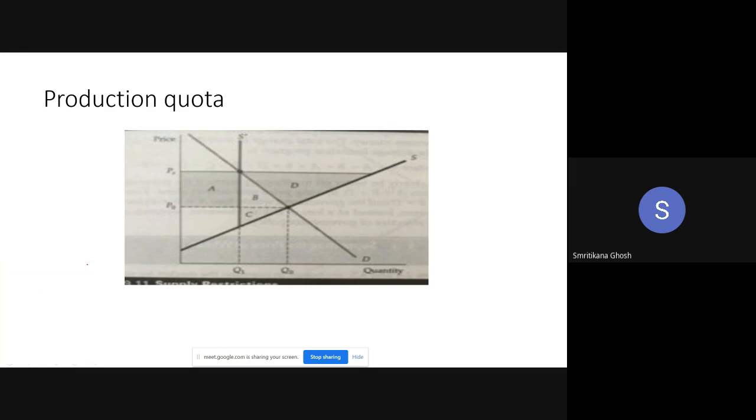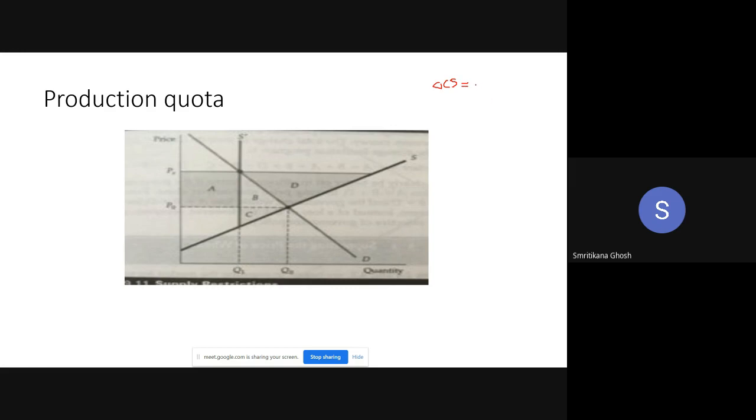So again, let us check the change of consumer surplus. Initially the price was P0, now the price is P1. So what is the change? It's very similar, right?